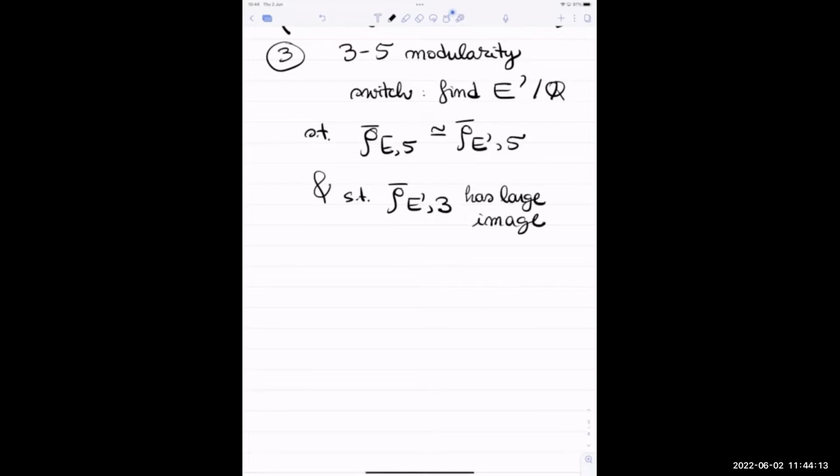And the way that one does this is one studies the twist of the modular curve with full level 5 that is attached to our original elliptic curve E. This is something of genus 0, and it's not too hard to show that it has a rational point, and then it's isomorphic to P1 already over Q. And so it's relatively easy to find lots of rational points, in particular rational points that have this extra property of large image mod 3, using the Hilbert irreducibility theorem.